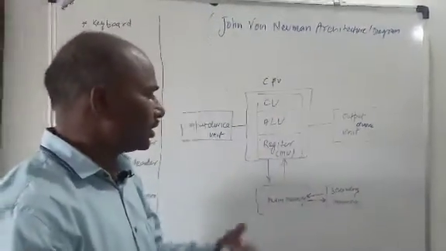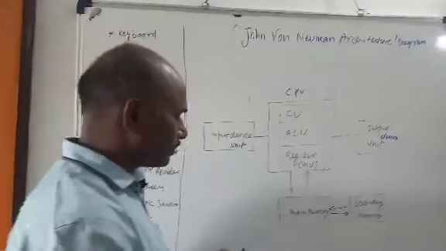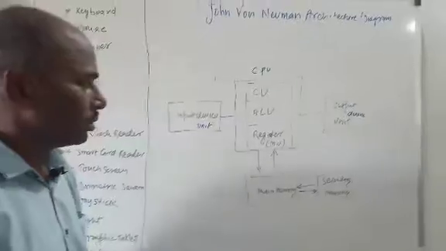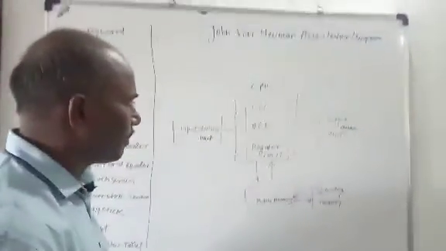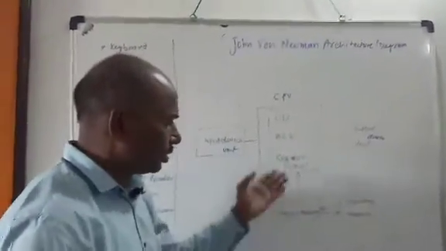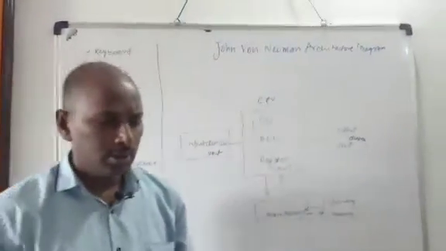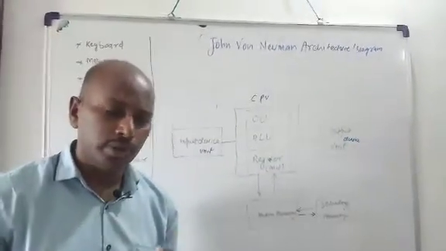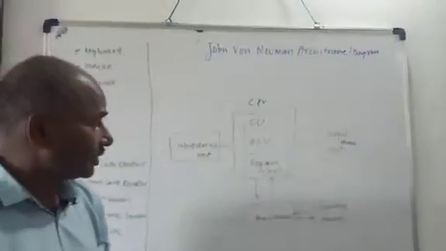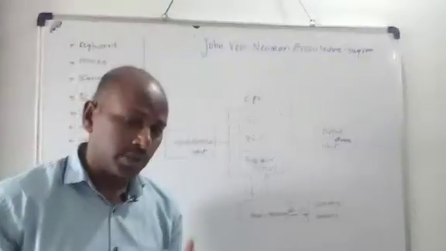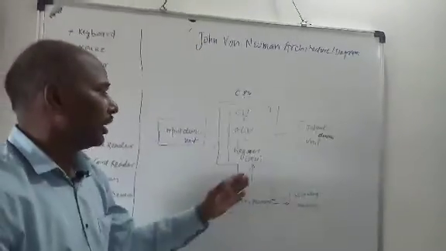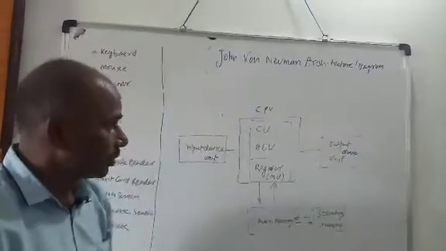When processing starts, there is some intermediate result to be stored for a short period of time in the core of the CPU, and this is the register. This register stores the intermediate result for a few seconds, and this concept is very popular and was given by John von Neumann.